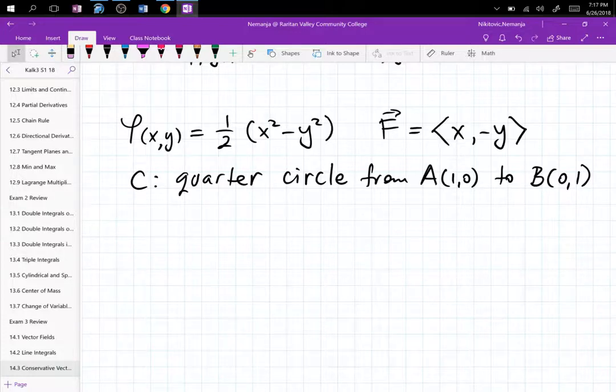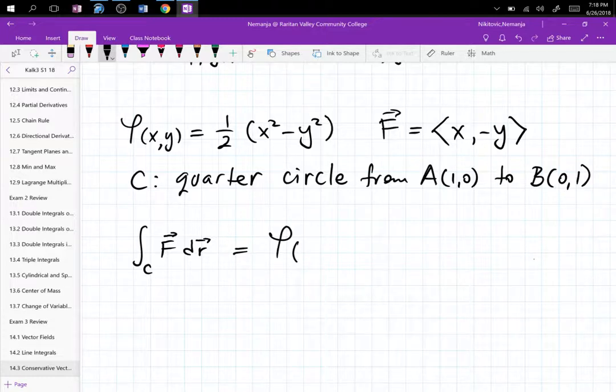If you have the potential function, the answer to the question, what is the line integral of F dr, is simply phi computed at (0, 1) minus phi computed at (1, 0).